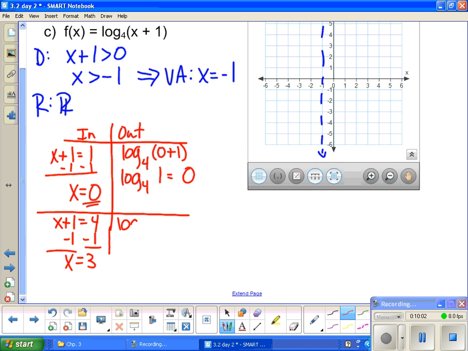So if I go log base 4 of (3 plus 1), that's log base 4 of 4. I'm using my property now that log base 4 of 4 is equal to 1. So let's plot our points. 0, 0, 3, 1.